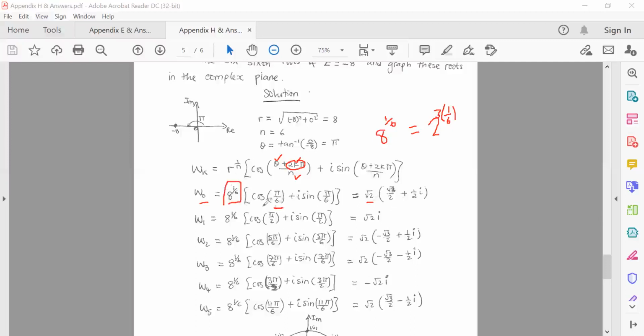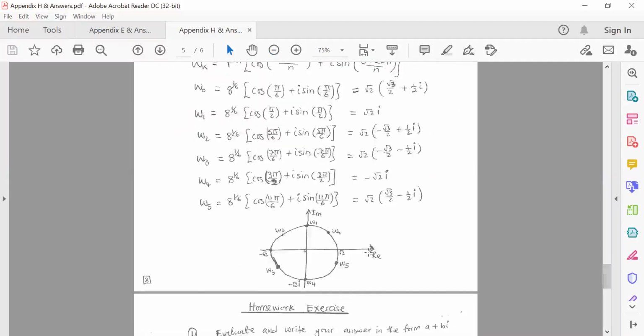Root of 2, if you take cos of this plus sine of it, you just get root of 3 over 2. And then if you take W1, W2, and so on, you see I stop at W5. And there you go. And if you simplify those, you get these values here, all right? You don't stop here because I say you need to plot this on your complex plane, all right? On your complex plane, what do you get?